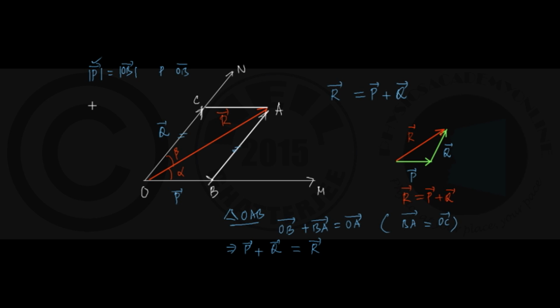We also need to find out the magnitude of Q vector, the other component vector, because the magnitude of R is known and the angles alpha, beta are known. So my job is to find out the magnitudes of these two component vectors P and Q in terms of the magnitude of original vector R and the angles alpha and beta made by it with OM and ON direction. But for that we require a different, cleaner figure.